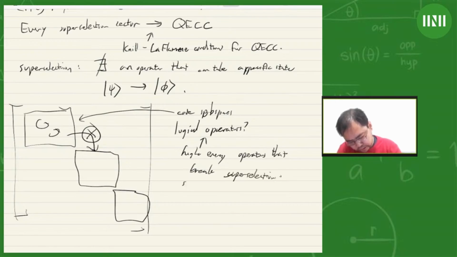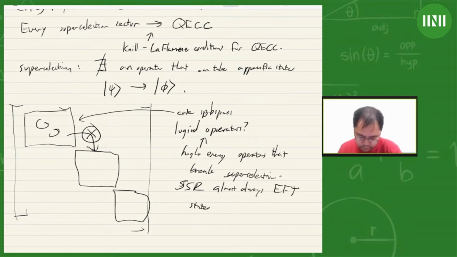So superselection rules are almost always EFT statements, which means that they apply when you consider operators that are in some certain energy window. But if you have operators that are outside the energy window, you can clearly break it.